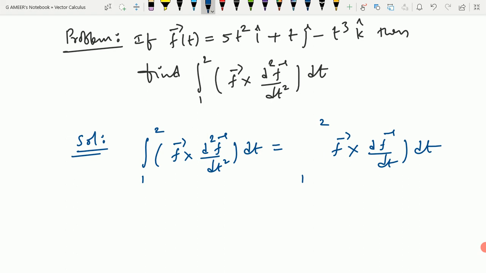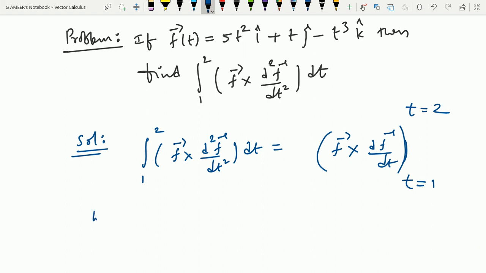Sorry, after integration only we are getting this. So we need to put the integration limits from t is equal to 1 to t is equal to 2. With the standard result, integration of function cross product with second derivative, after completion of this integration, I will get only f cross df by dt, limits from 1 to 2.